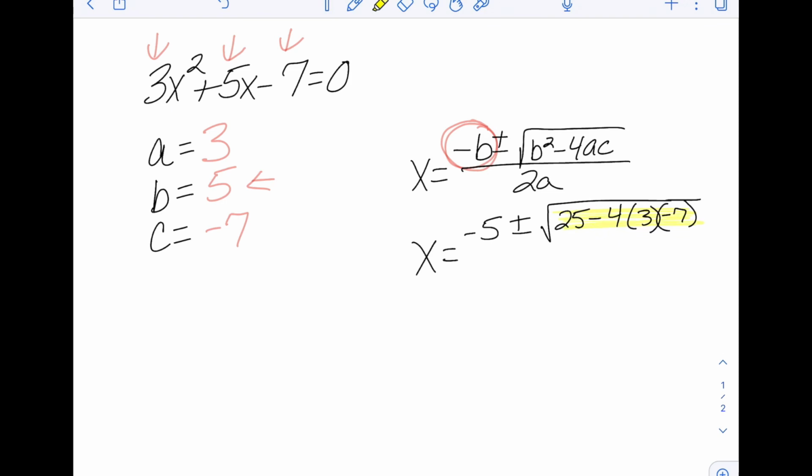The discriminant is the value inside the square root. If the discriminant is 0, then the square root of 0 is 0, and there's only going to be one answer to the quadratic equation, which means the vertex is on the x-axis.